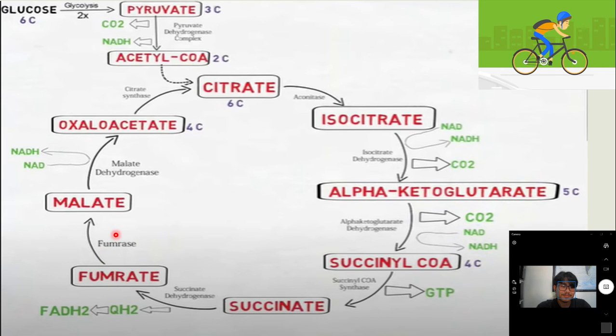And then the malate is converted to oxaloacetate with the help of the enzyme malate dehydrogenase. Again, the NAD is reduced to NADH. And this is why it became a cycle.